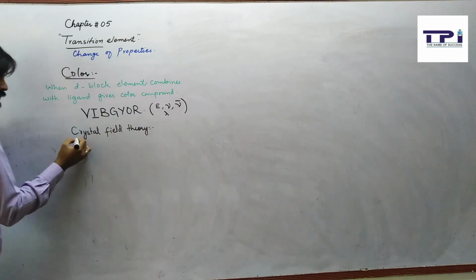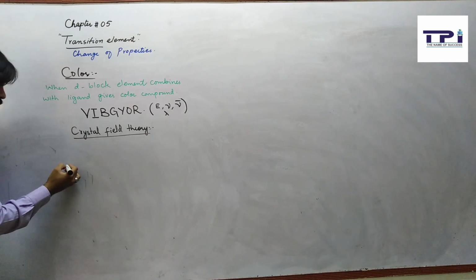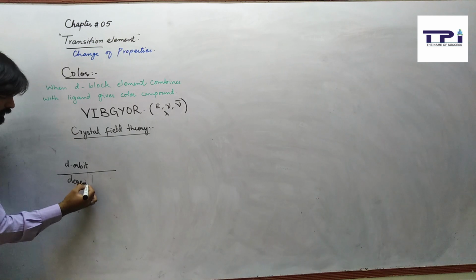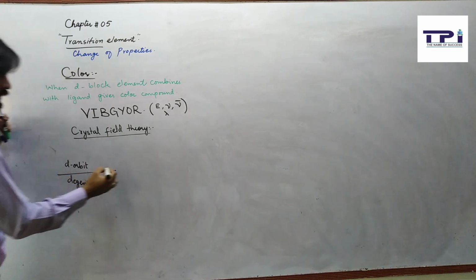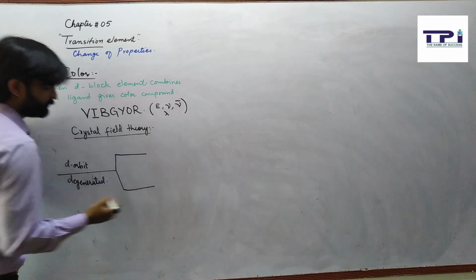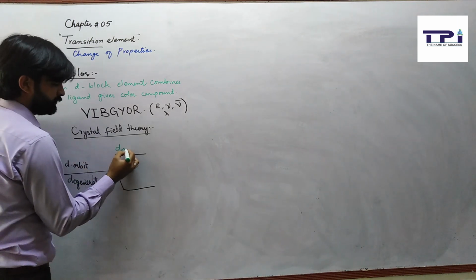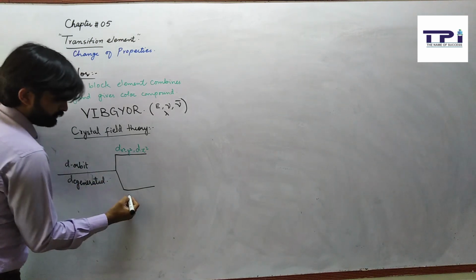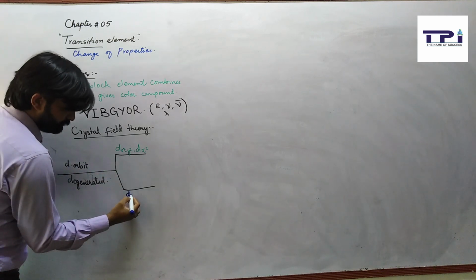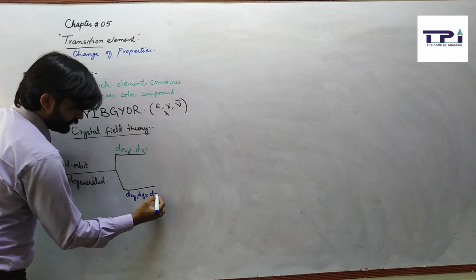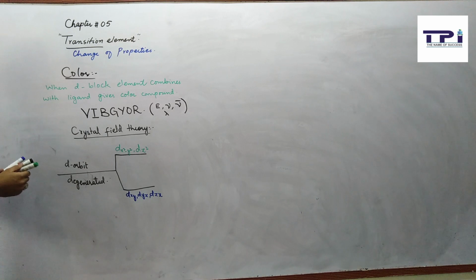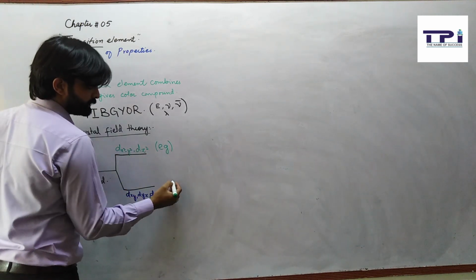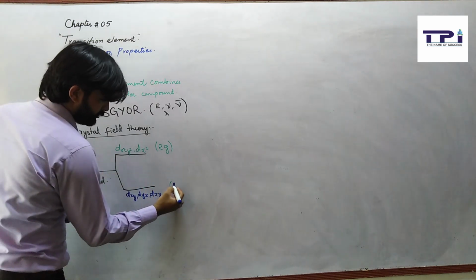In crystal field theory, you have to keep in your mind that the d orbital is degenerated into two categories: dx square minus y square and dz square, and dxy, dyz, dzx. dx square minus y square and dz square are nominated as Eg, and dxy, dyz, dzx are nominated as T2G.